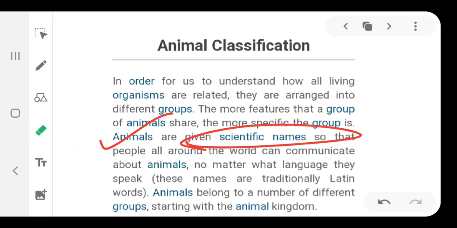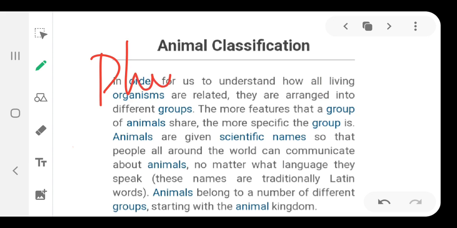So in this tutorial, we are going to study something called phylum, okay. We have different phyla for animal classification in our syllabus. In order to learn those phyla, we have a good mnemonic, and you can learn it very simply.